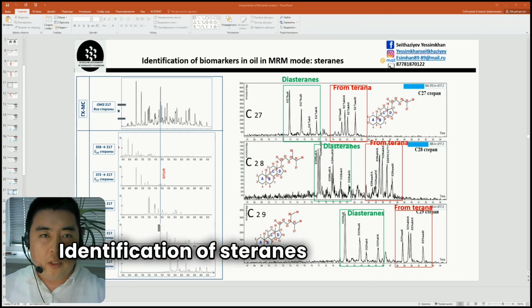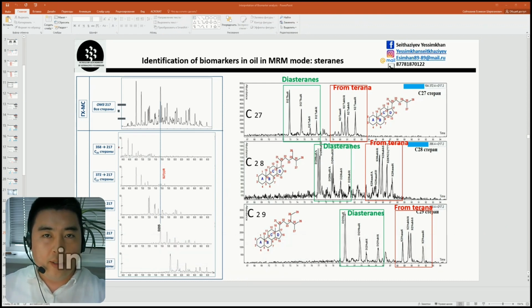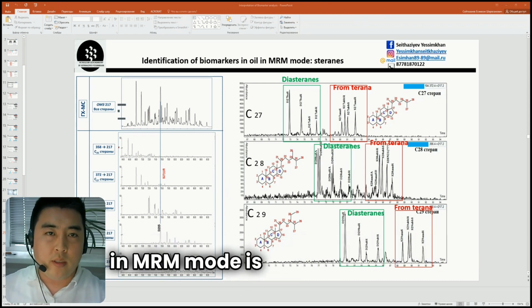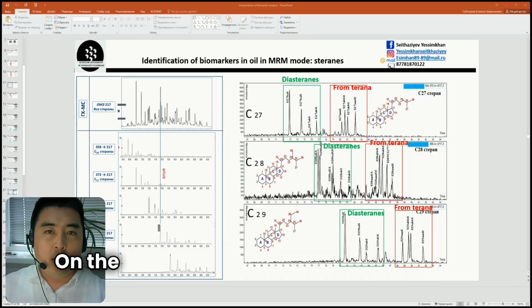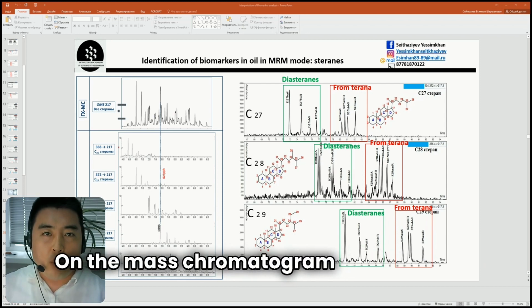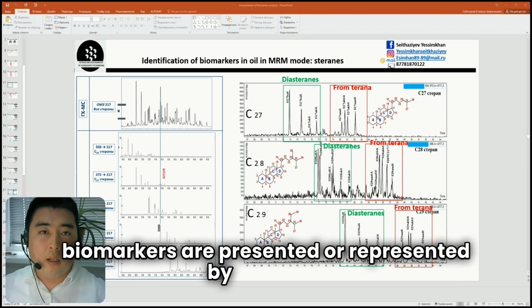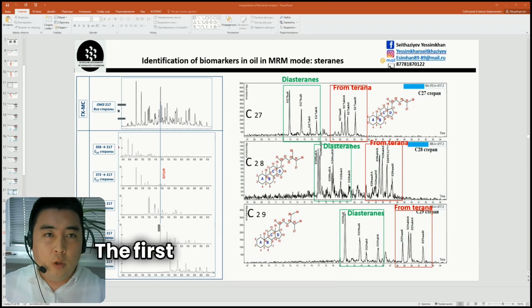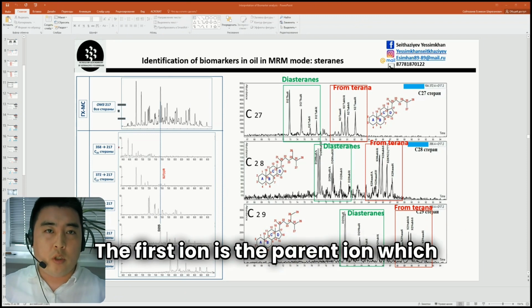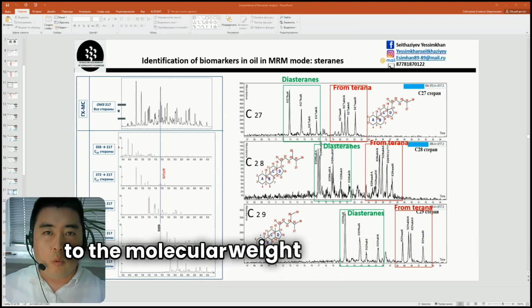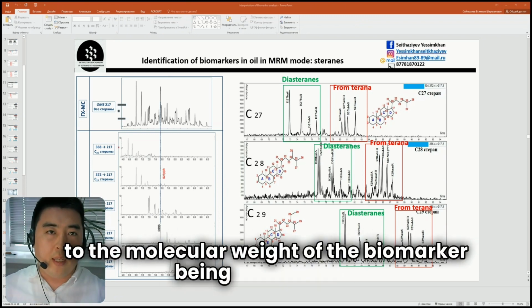Identification of steranes and diesteranes of oil in MRM mode is presented here. On the mass chromatogram of MRM mode, biomarkers are represented by two ions. The first ion is the parent ion, which corresponds to the molecular weight of the biomarker being determined.